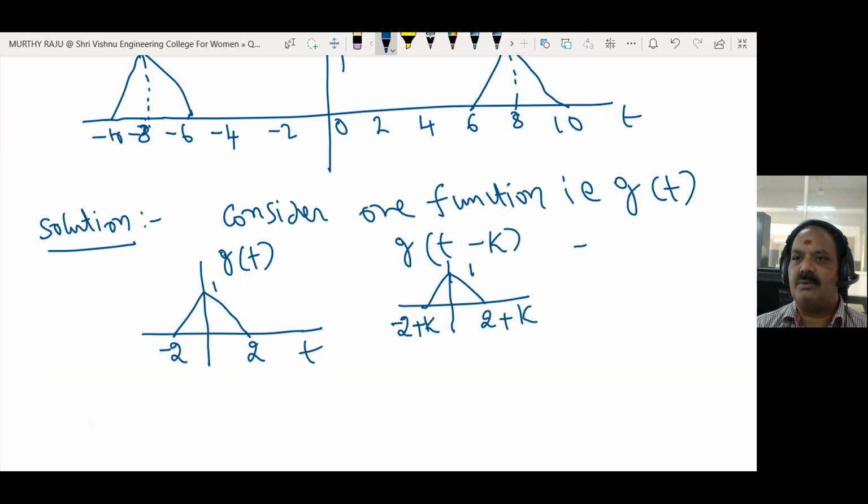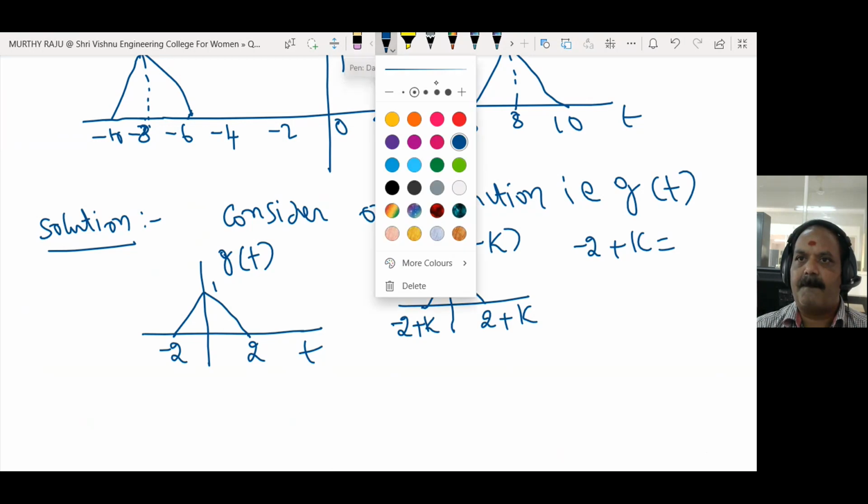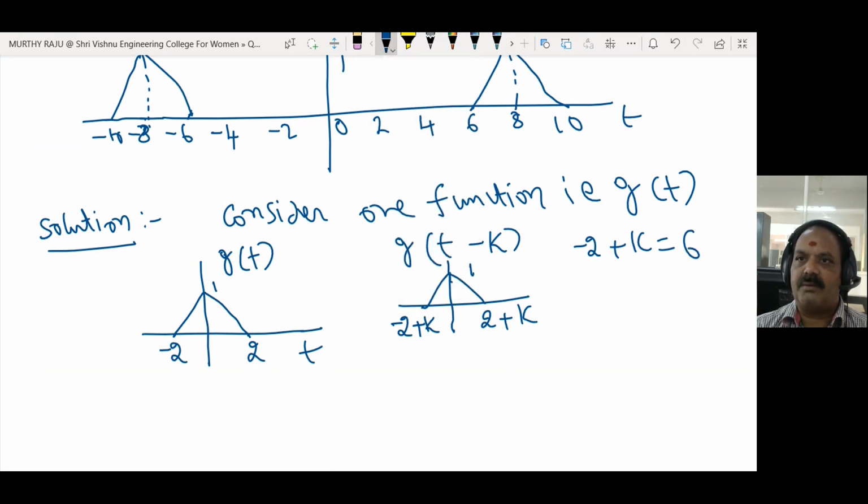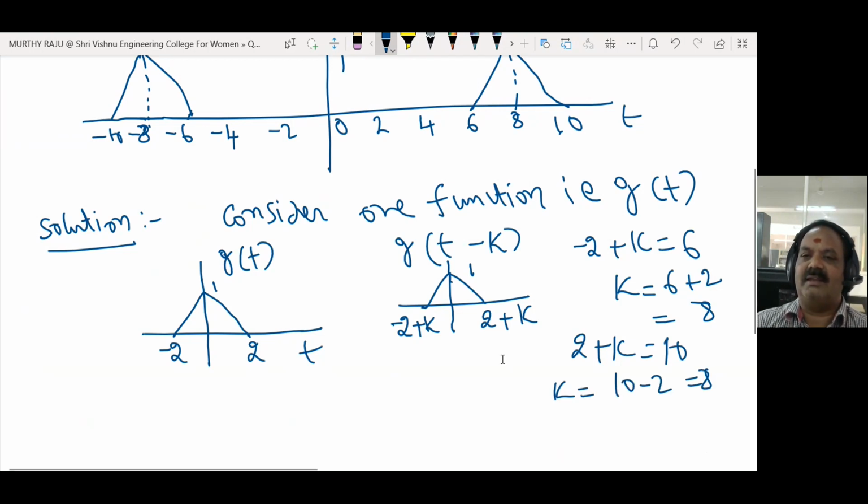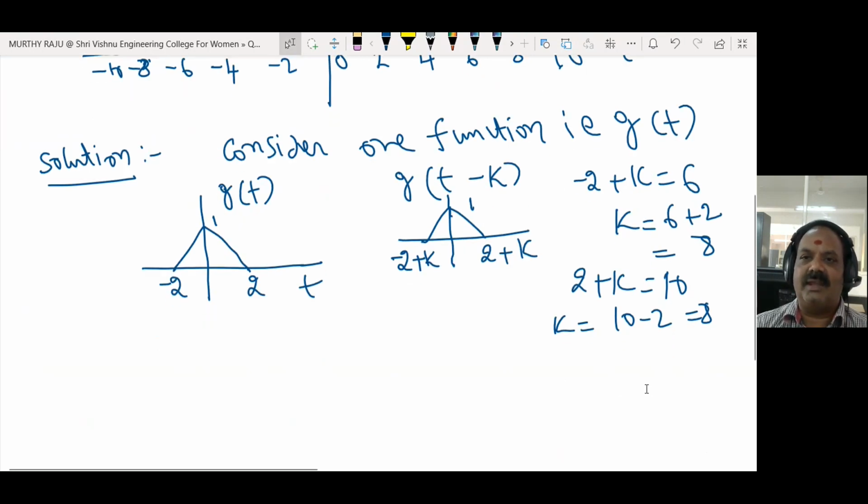Here -2 + k is equal to 6, so k is equal to 6 + 2, that is 8. And 2 + k is equal to 10, so k is equal to 8.